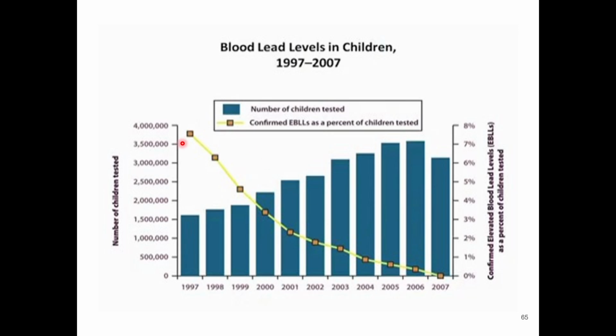Fortunately, from 1997 to 2007 the percent decreased, from 7% in 97 to about 0% in 2007. So this is the elevated blood lead level in children tested between 1997 and 2007 basically.